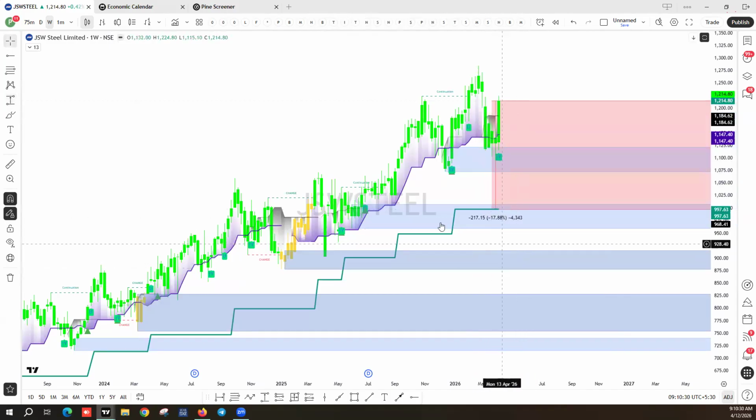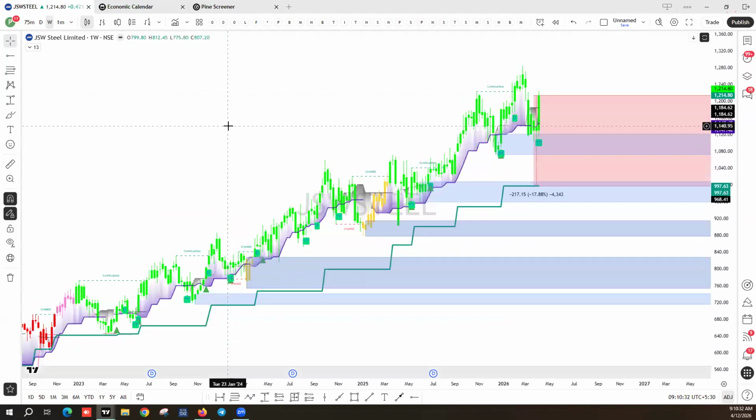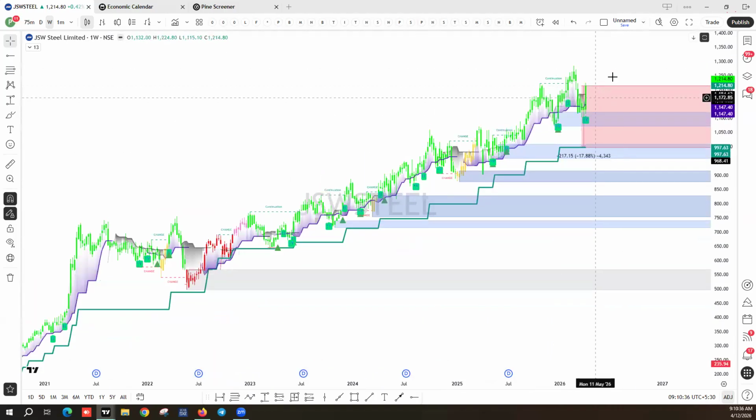It is around 20%. So if you buy here, we don't know how much it can go up. What we should know is where our hypothesis will be wrong and where we should exit. That is the only thing we have to consider.